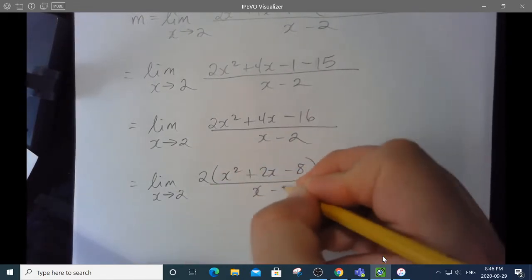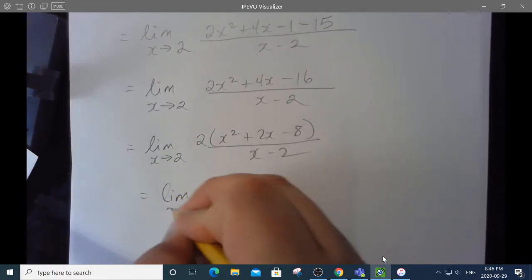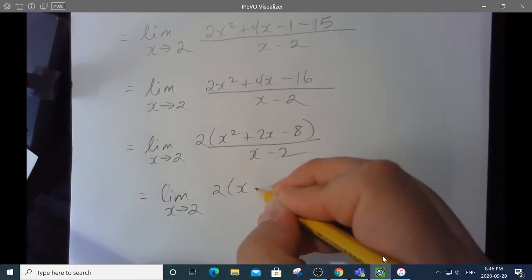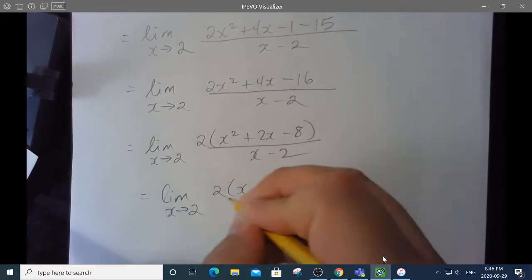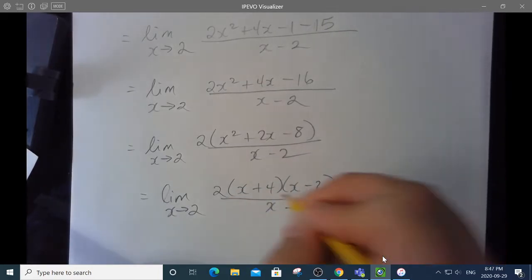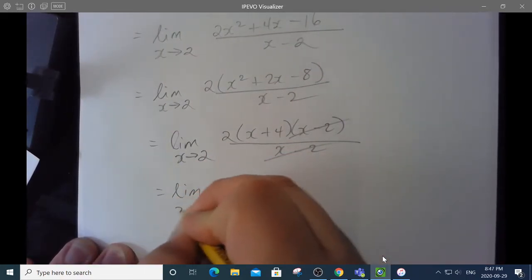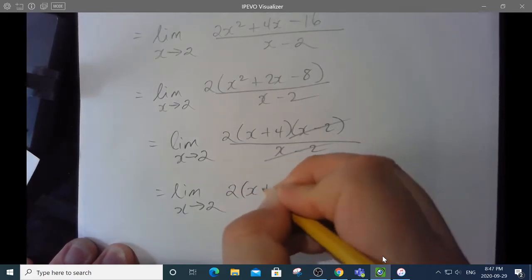And, oh, I think we saw this one just the other day, that particular trinomial. So that's the limit as x approaches 2 of 2 times x plus 4 times x minus 2, all over x minus 2. Those go bye-bye.